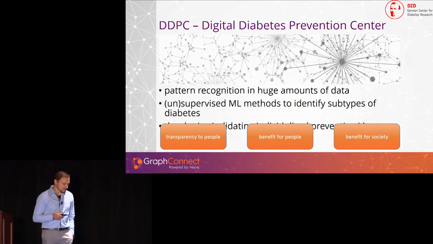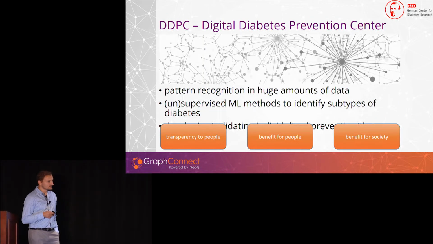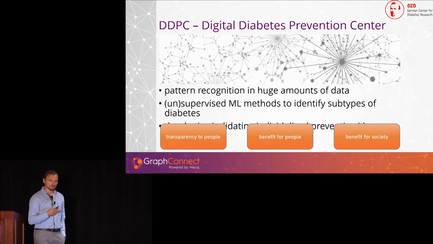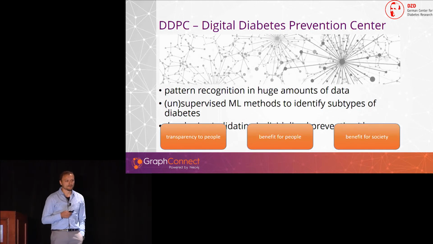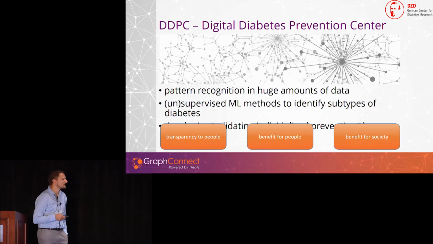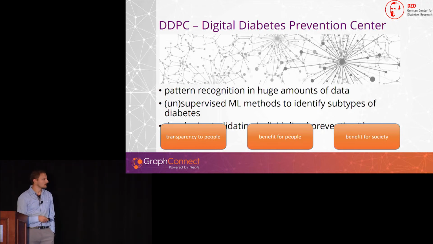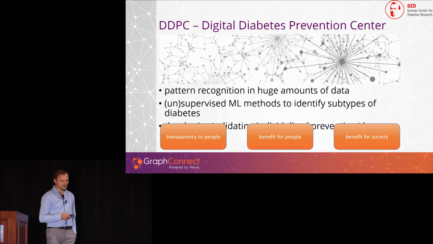And this should be a new center coming soon called the Digital Diabetes Prevention Center. We want to do pattern recognition on huge amounts of data that people from the society give us. We want to use supervised or unsupervised machine learning techniques in order to give back a benefit for the people who gave the data, and of course a benefit for the whole society.